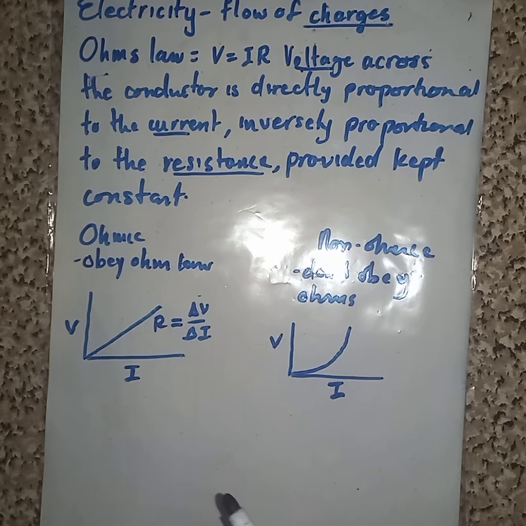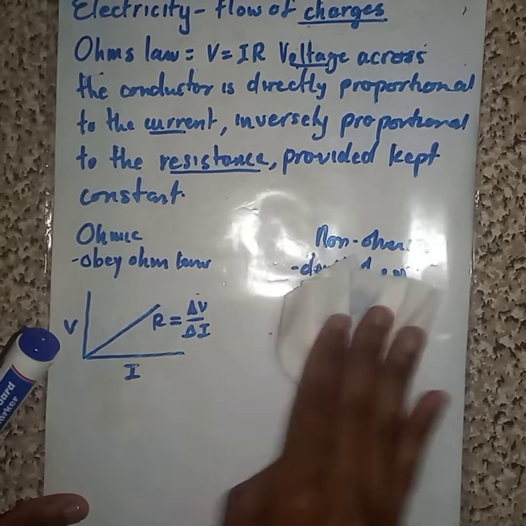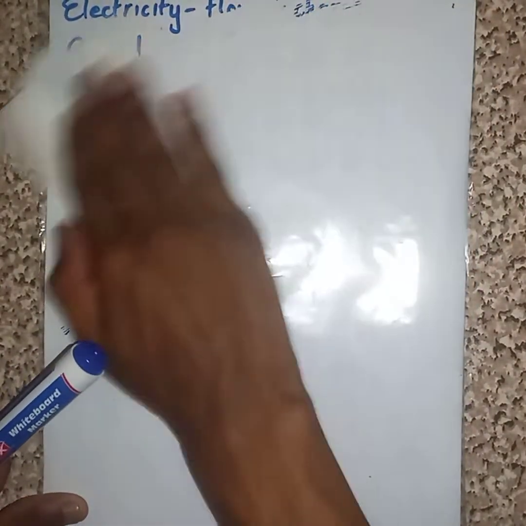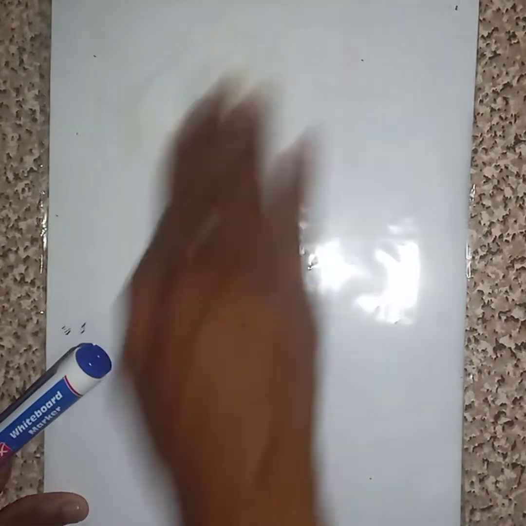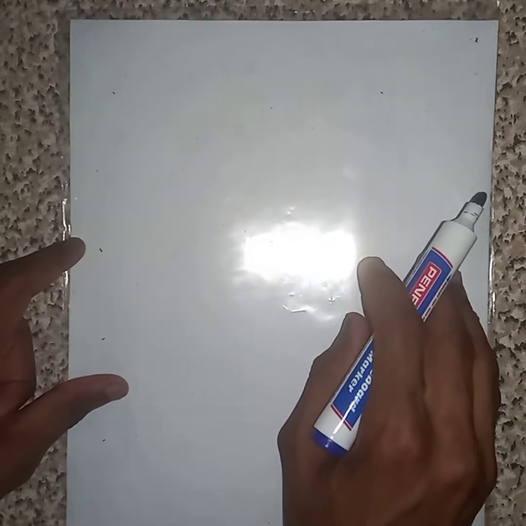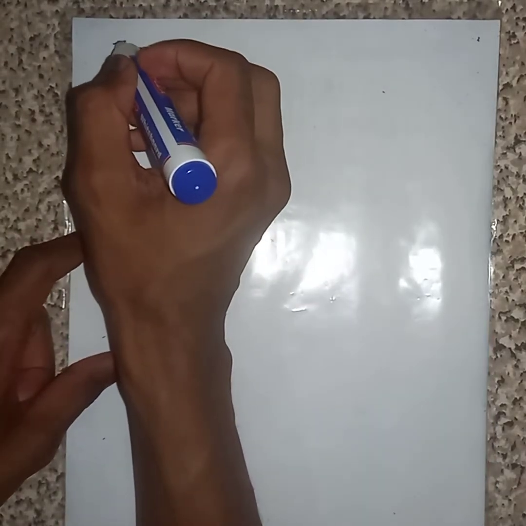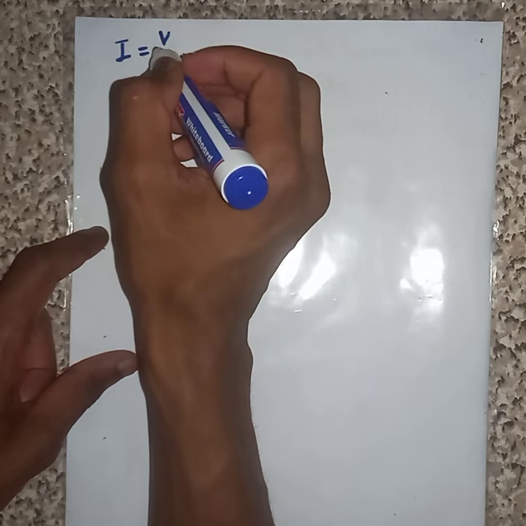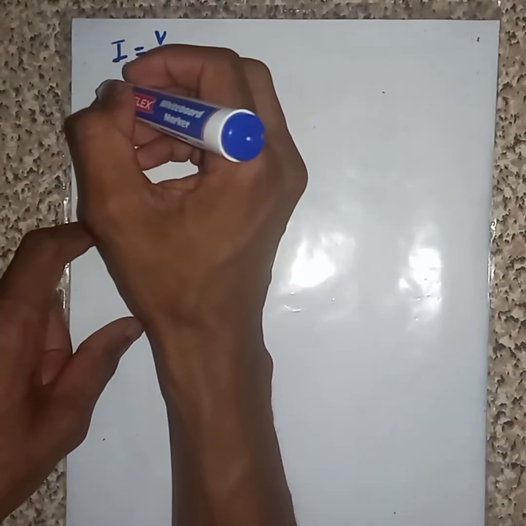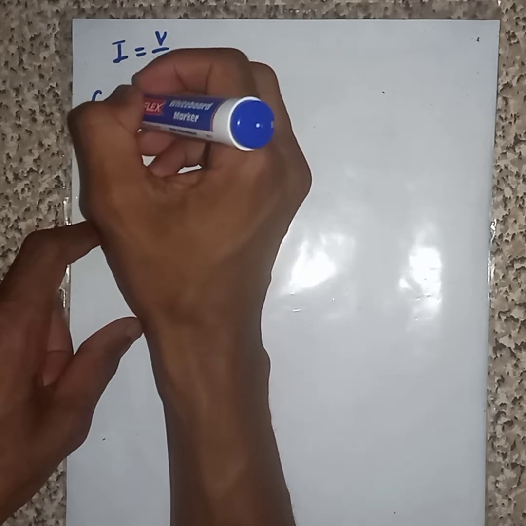Then yeah, now we are going to consider components. From the Ohm's law formula, let me write it like this, V over R, we have current, the first component that I'm going to talk about.